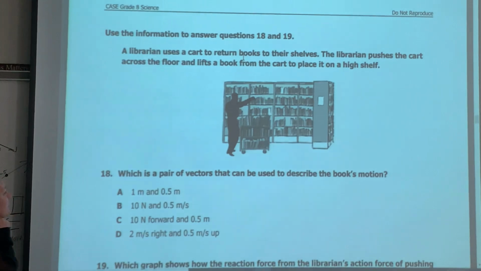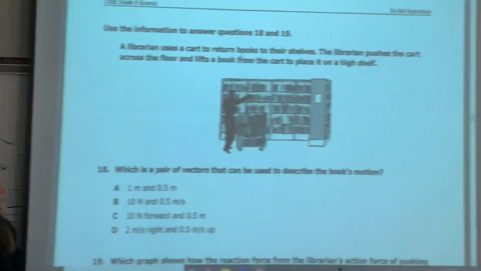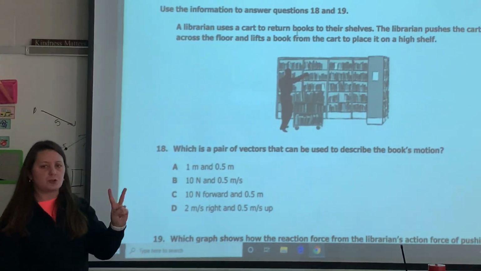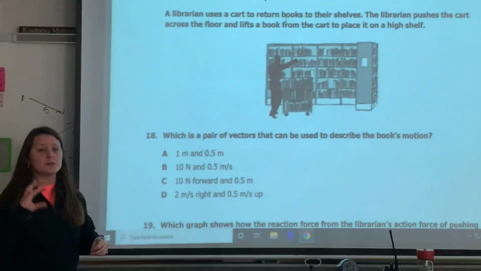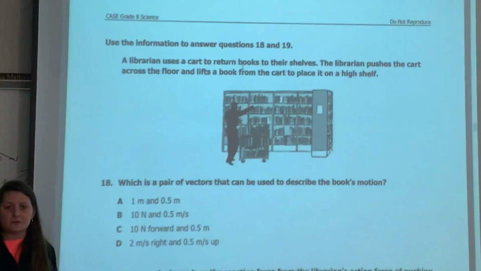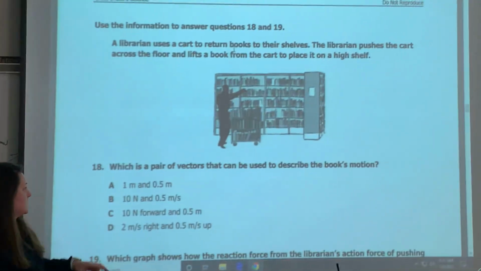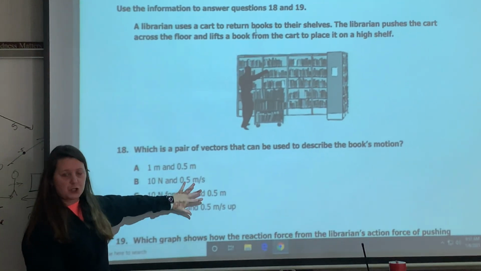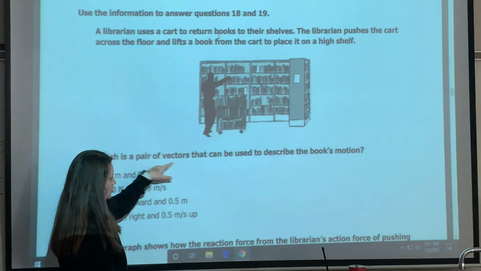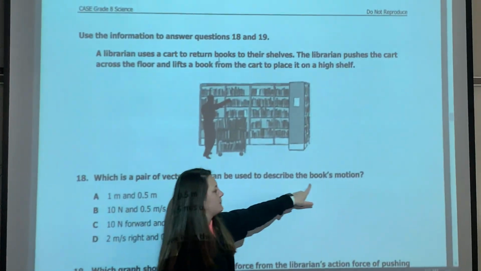It says which pair of vectors can be used to describe this book's motion.